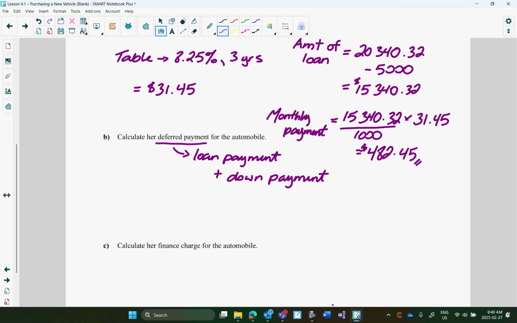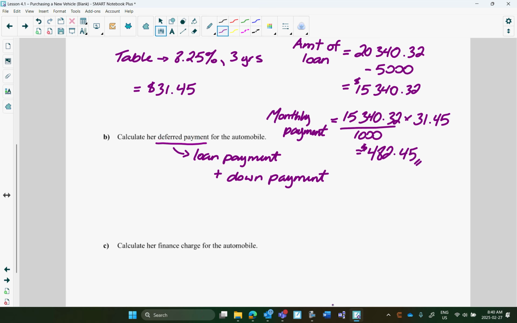Although I never quite understood that, to be honest. Because if you take the down payment, that's not deferred. Deferred means it's delayed. But you put that $5,000 down, you're not going to wait to put that. Anyway.